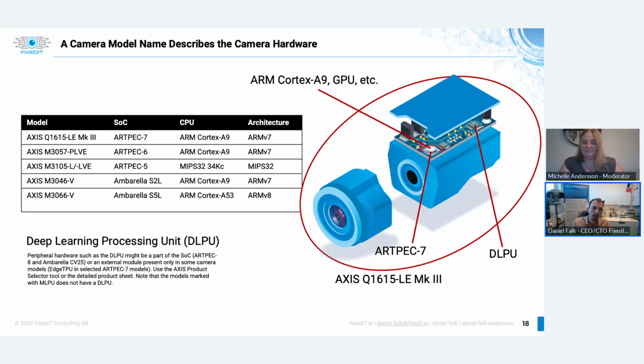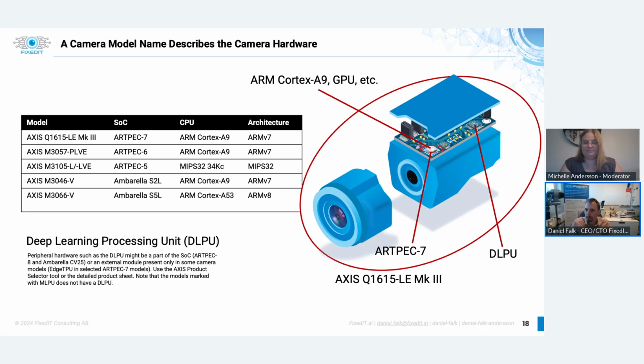So it is always a one-to-one mapping between a camera model and the system on chip. So for example, the Axis Q1615-LE Mark III will always have an ARTPEC-7 chip. And then you have a one-to-one mapping from the chipset to the CPU that is used in the camera.